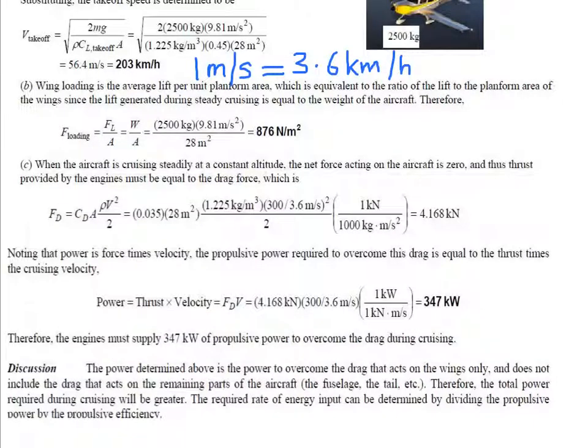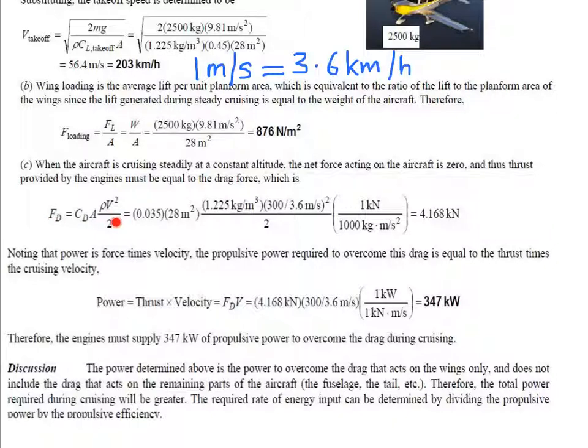Finally, when the aircraft is cruising steadily at constant altitude, the net vertical force acting on the aircraft is zero, and thus the net horizontal force acting on the aircraft is zero, and thus the thrust provided by the engines must equal the drag force.